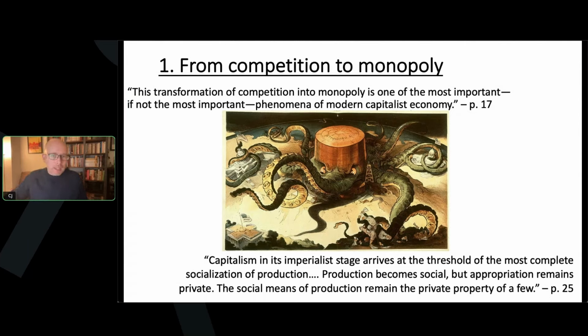But one example that I like to use to really illustrate this process of monopolization in a very easy to understand way is the U.S. automobile industry. Since the very first car was sold on the market in the U.S., there have been more than 1,900 different manufacturers selling automobiles.